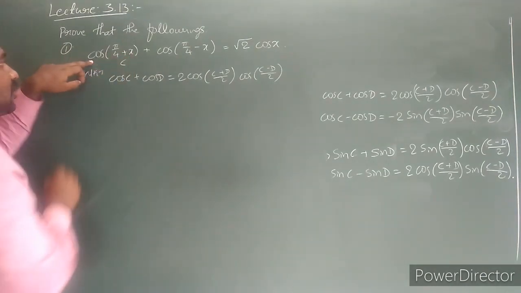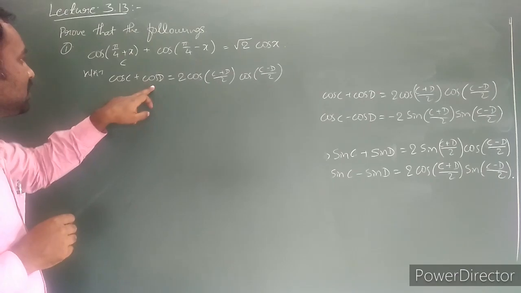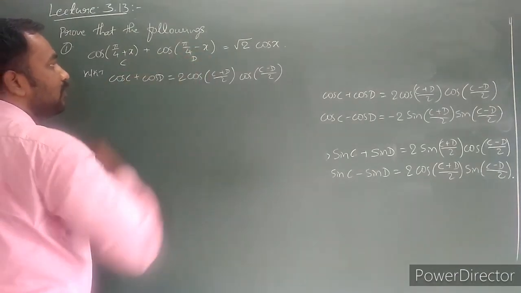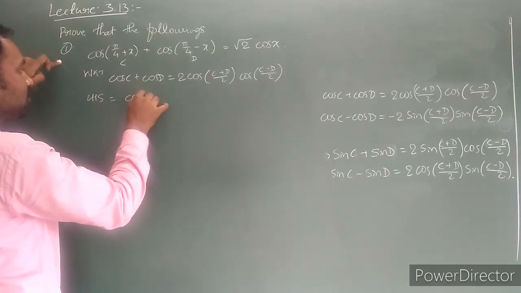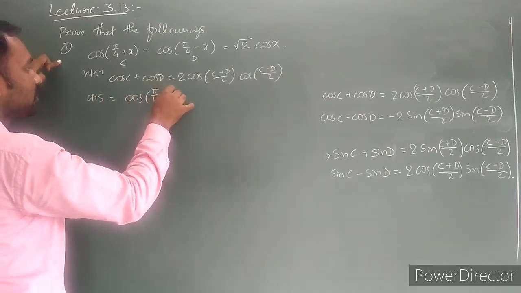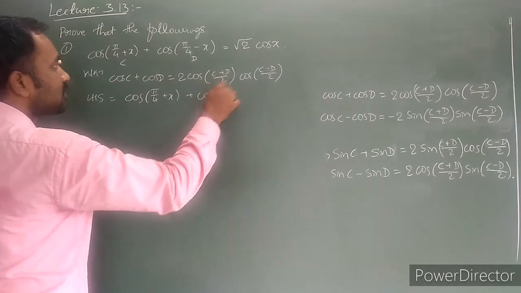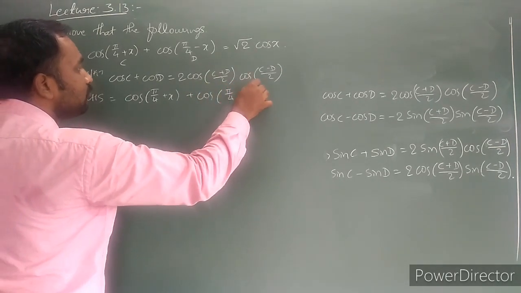What is the C angle? Pi by 4 plus x. What is the D angle? Pi by 4 minus x. So what is the LHS value? Cos of (pi by 4 plus x) plus cos of (pi by 4 minus x).